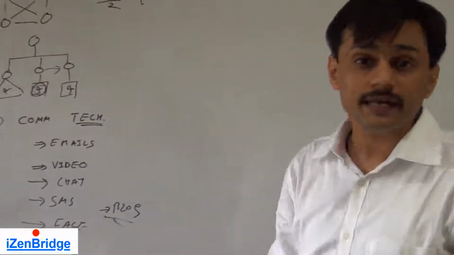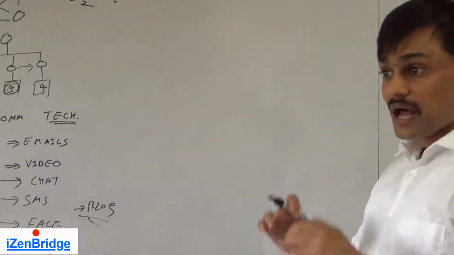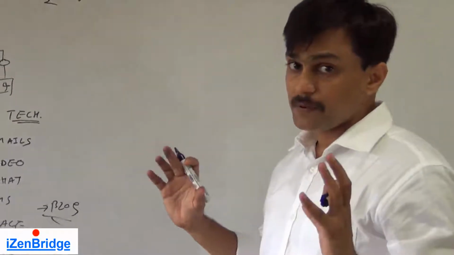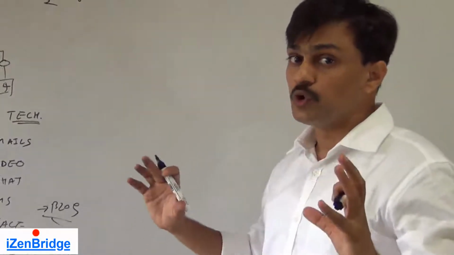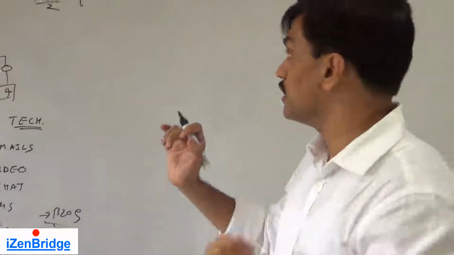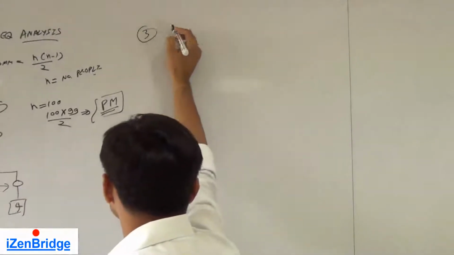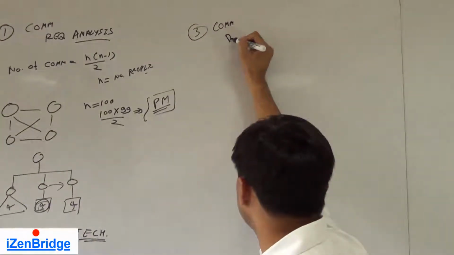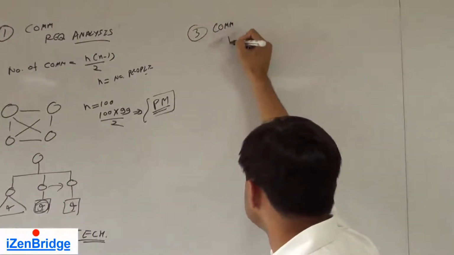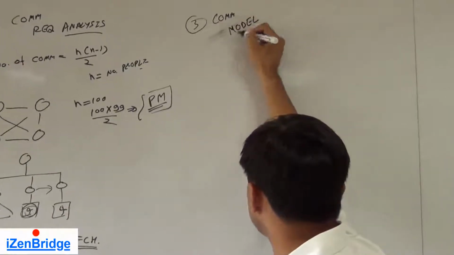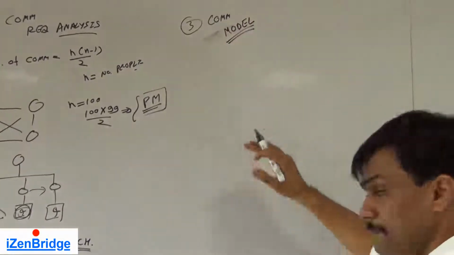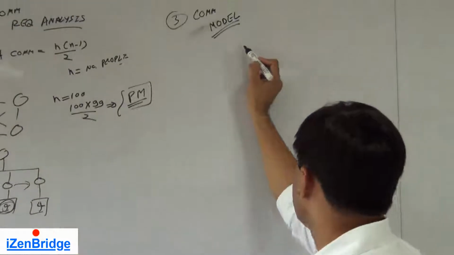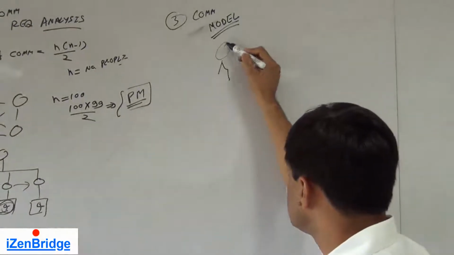The third tool and technique: while identifying communication management plan related details, you also need to look at communication models. You need to identify which communication model you are going to follow in your project execution, planning or management. The basic communication model could be a person is thinking.